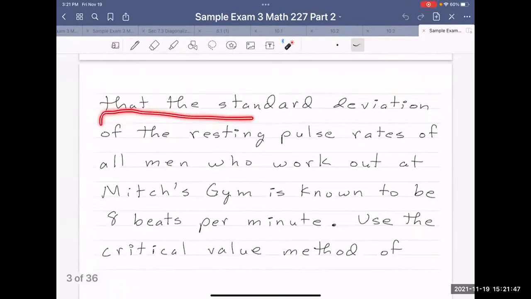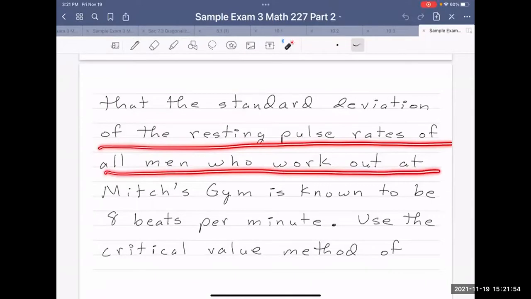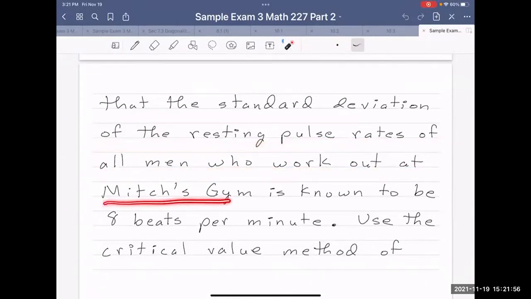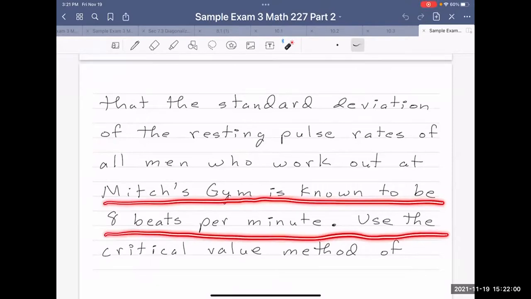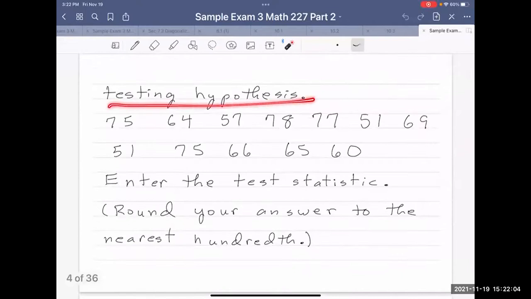Assume that the standard deviation of the resting pulse rates of all men who work out at Mitch's gym is known to be 8 beats per minute. Use the critical value method of testing hypotheses.